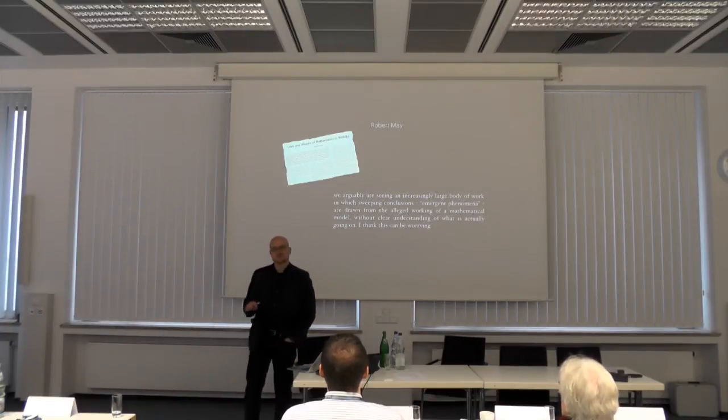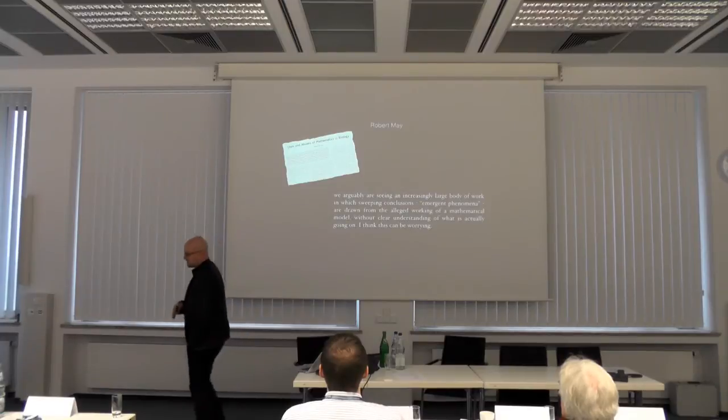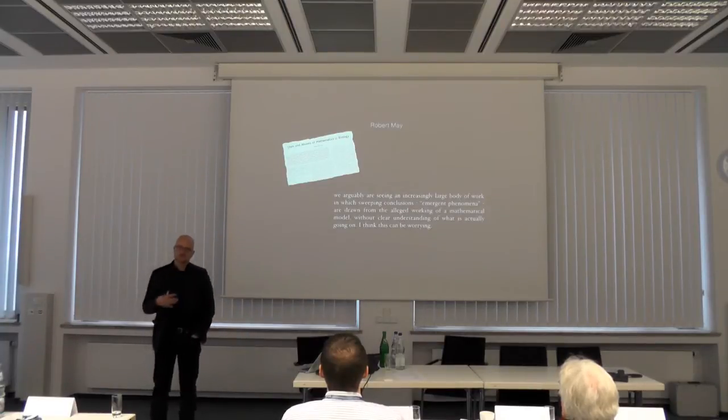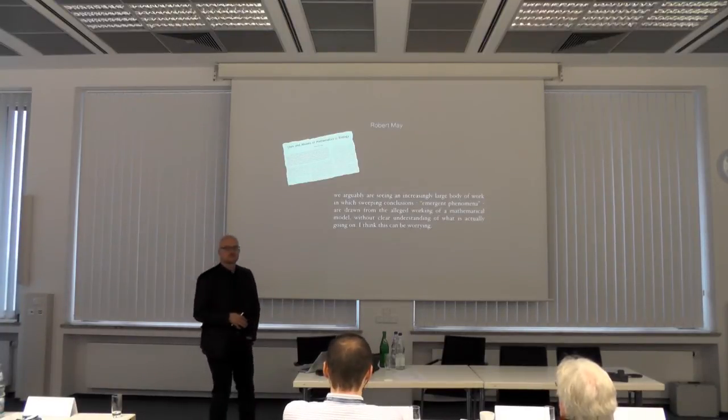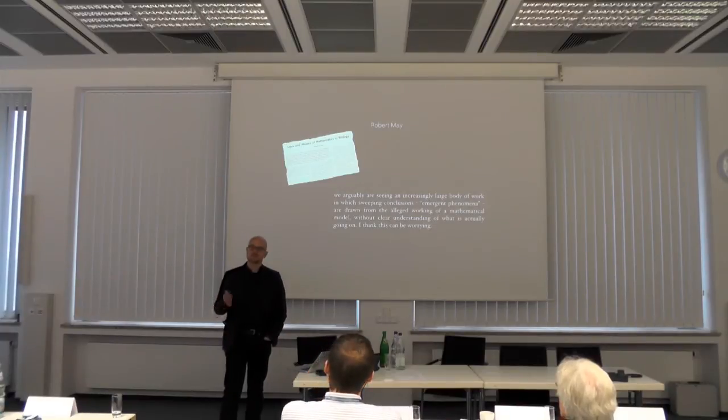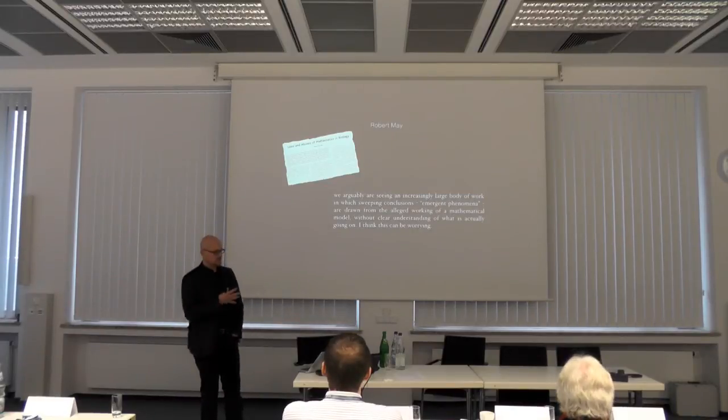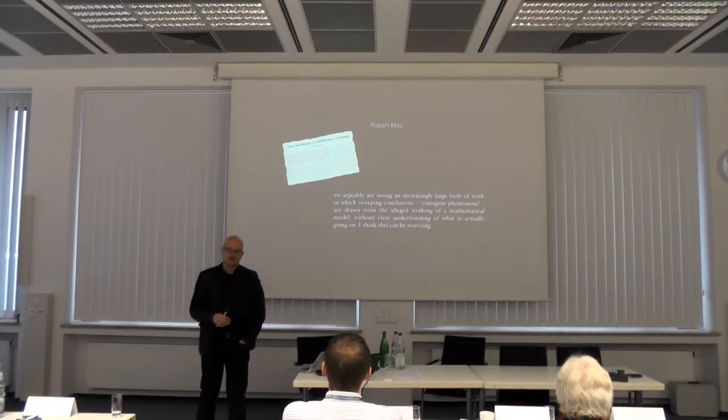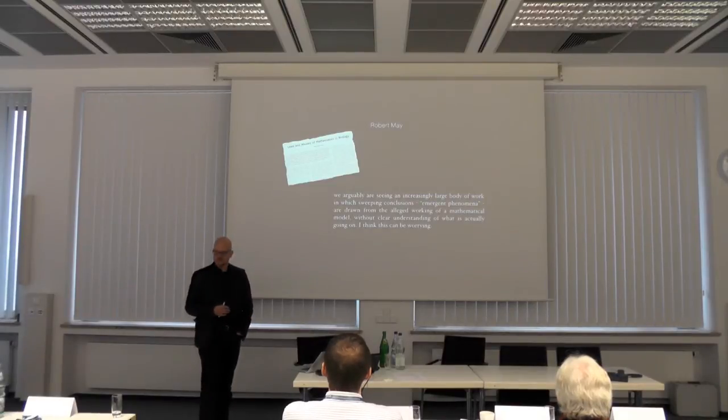I think this can be worrying. So in modeling, and specifically in large-scale modeling enterprises, we're seeing the same kind of problem that we're also seeing in big data, where we have lots of data, lots of power in computers, and detecting correlations, for instance, without a clear understanding of what is going on.